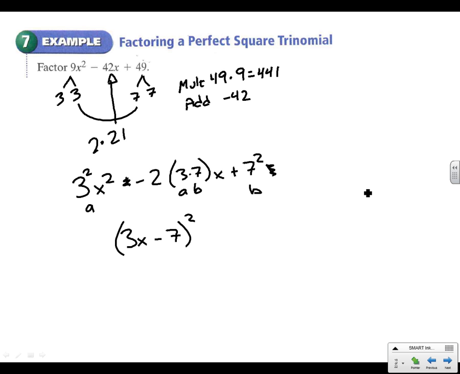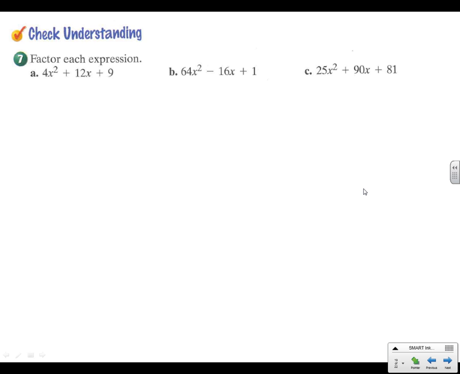Well, that's kind of tricky, but we see 3 and 3 and 7 and 7. We're willing to bet it's going to be 3x minus 7 and 3x minus 7, which, if they're both the same, turns into the squared, which it is. All right, so a little trickier, but see if you can follow the pattern. See if you can do that for 7a, b, and c.